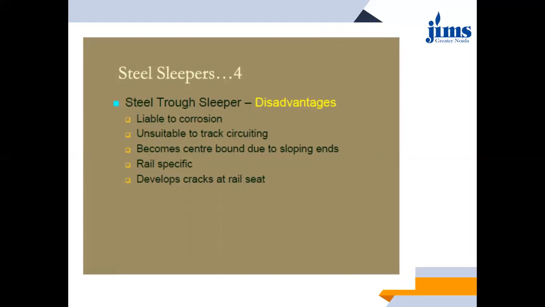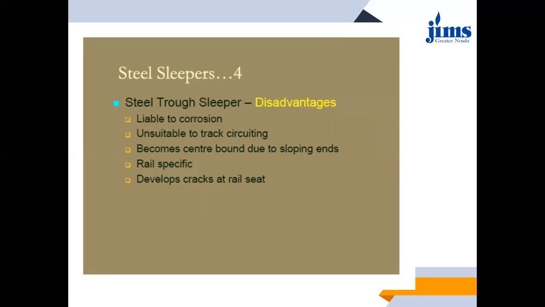Then the disadvantages of these steel sleepers are that, being exposed to the environment, they are quite liable to corrosion. Also, since steel is a conductor of electricity, track circuiting becomes difficult on the track. It also becomes center bound due to the sloping ends. Then these steel sleepers are actually rail specific.